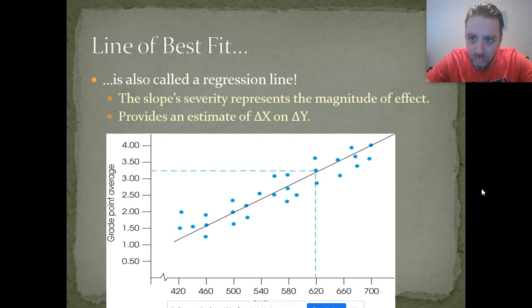What does delta mean? The Greek letter delta stands in for change. What is the effect on y given a change in x? That's the slope coefficient, and that is what we interpret when it comes time to put this in the language of social relationships.